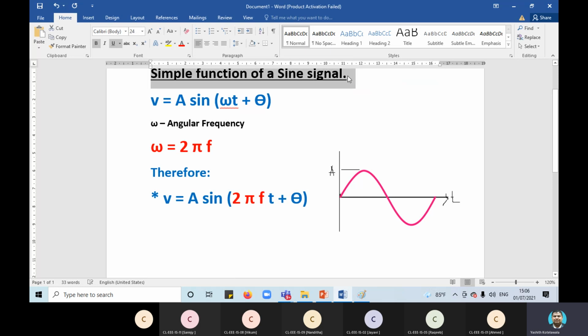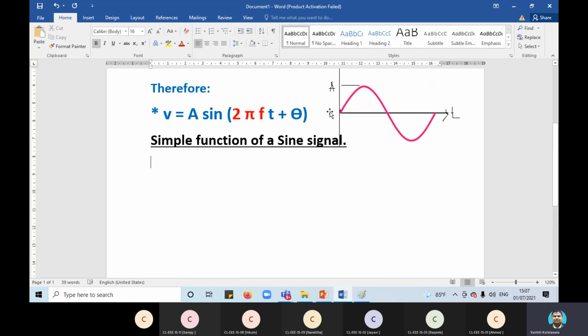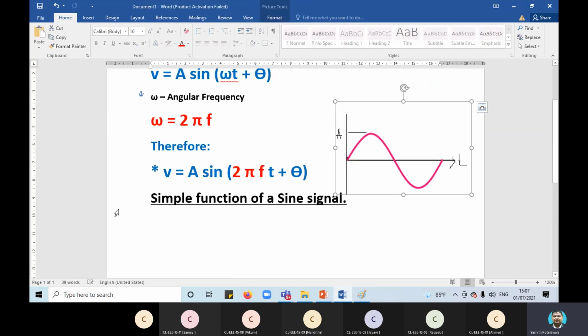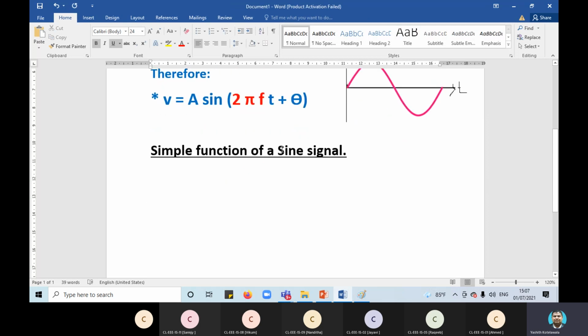So let's take the same topic further. Cosine signal, right? Simple function of a cosine signal.